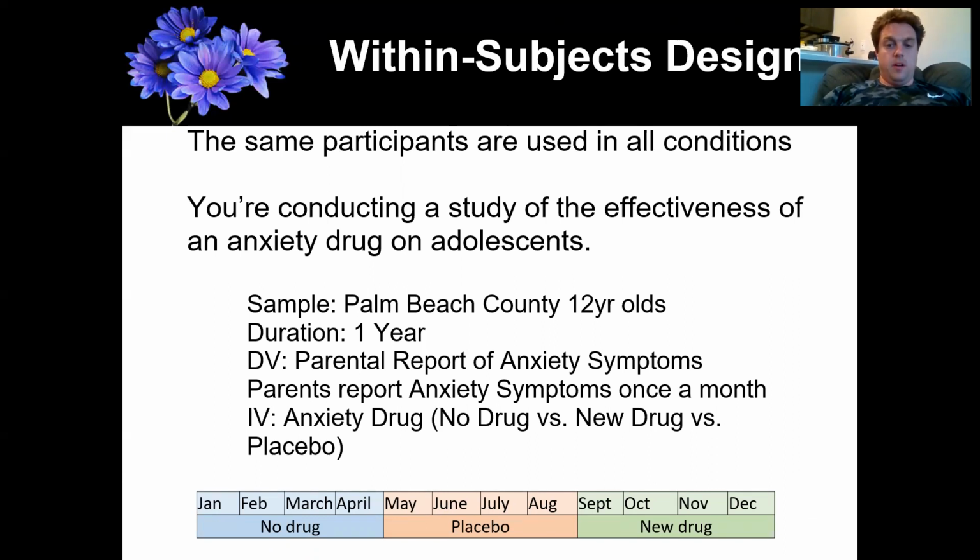Maybe in September, when they're starting a new school year, or moving on to high school or whatever it might be, that's going to also be associated with increases in anxiety. Seems pretty plausible, right?